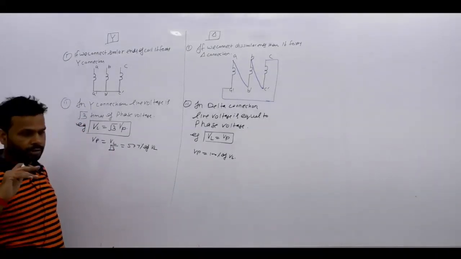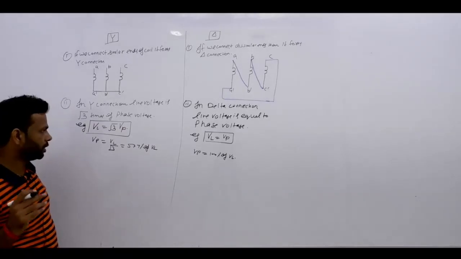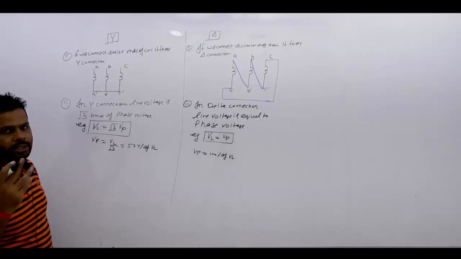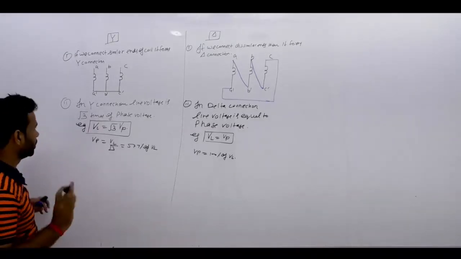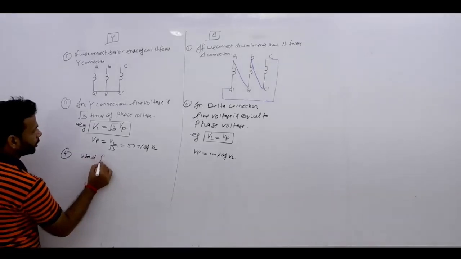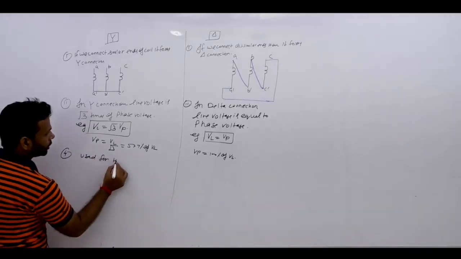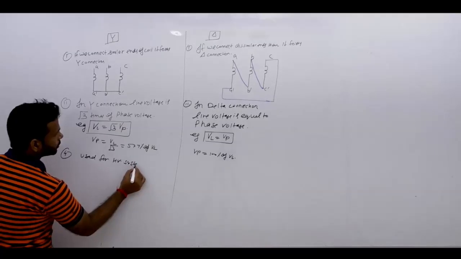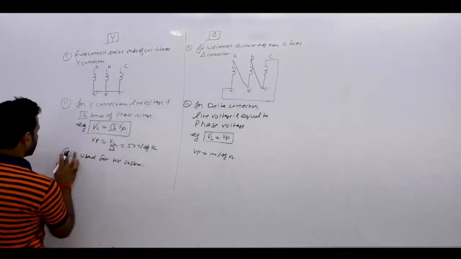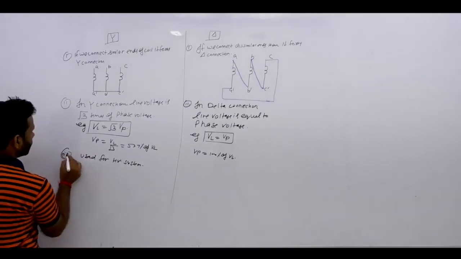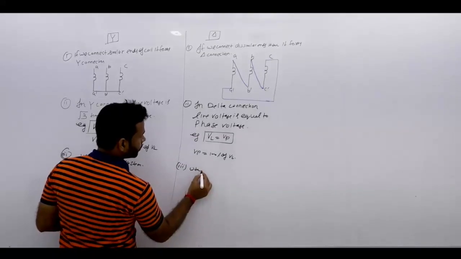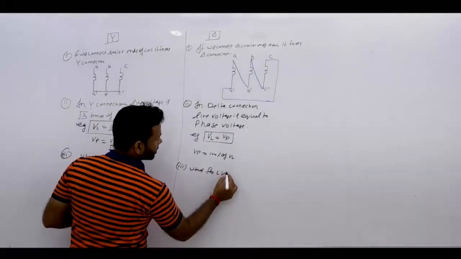So we can take advantage of this insulation level, and the star connection is used for the large voltage rating, that is, for high voltage systems. Similarly, this is the third point: the delta system is used for LV systems.